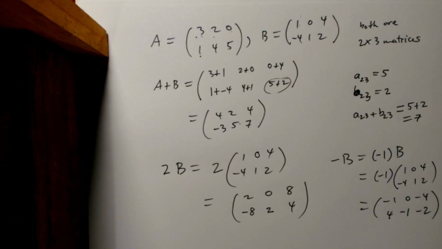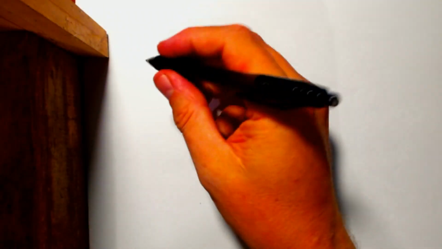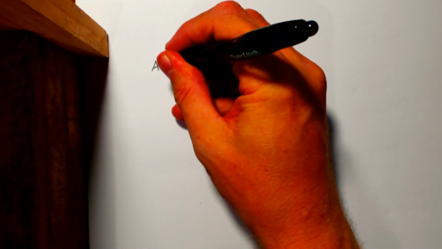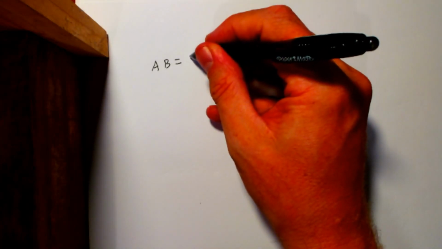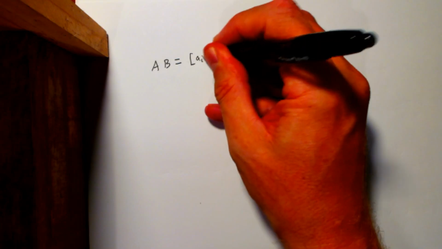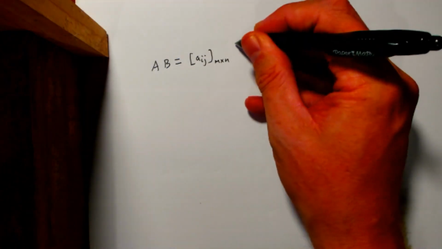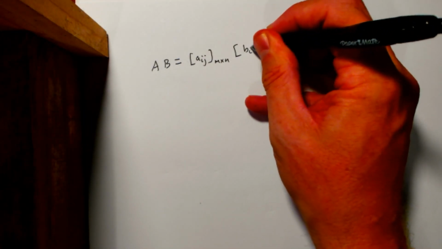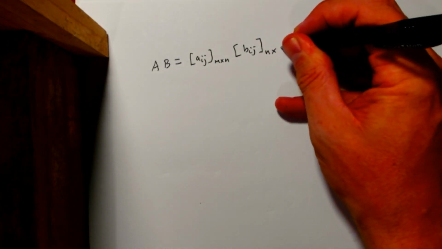So I'll just ask you to look at your course notes where you see a generic matrix. A multiplied by B equals, and in the characterized form we've got Aij, and it's m by n, and then here we've got Bij. Now suppose this is n by q.